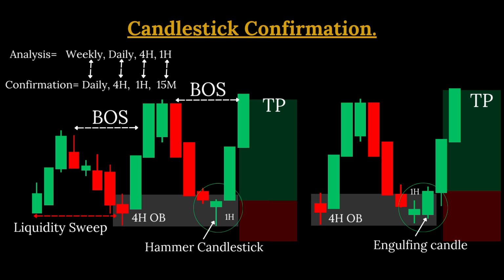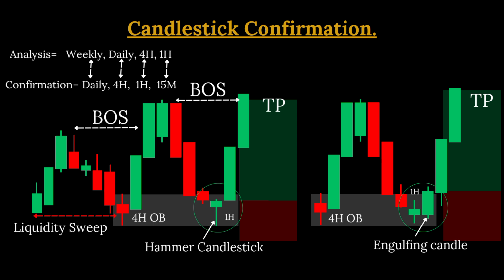It should be a significant time frame relative to the prior time frame, such as 1 hour, as this is a good time frame for using the candlestick confirmation model. Look for high probability reversal candlestick formations, such as bullish engulfing, bearish engulfing, and pin bars, hammer or shooting star, indicating strong rejection of the zone.